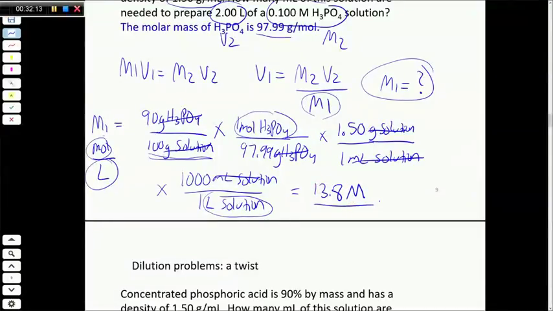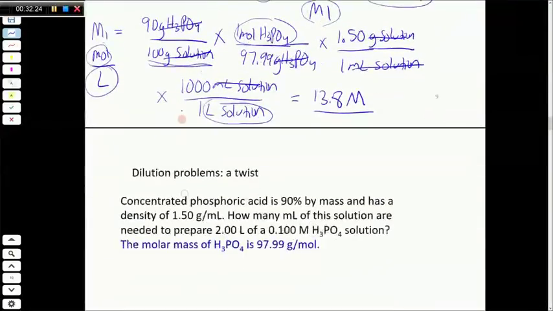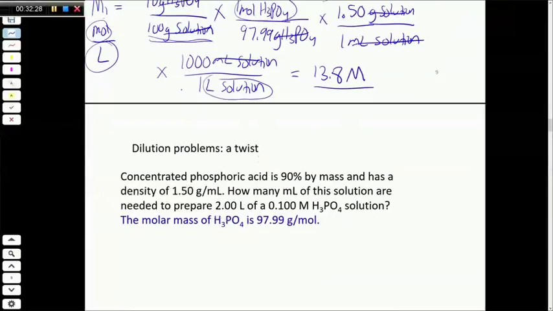So that's our M1. That's not what the question is asking for, though. We need that to solve it. What we're looking for, again, is the volume of that solution that we're going to use to prepare 2 liters of the 0.1 molar solution. So now that we have M1, we can just plug that into the dilution equation. So V1 is equal to M2 V2 over M1, as we saw, and we just put the numbers in.